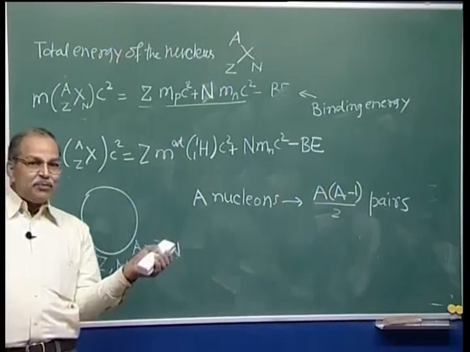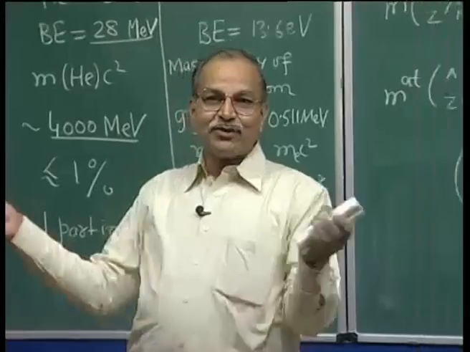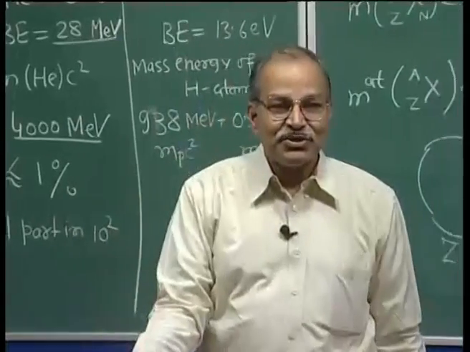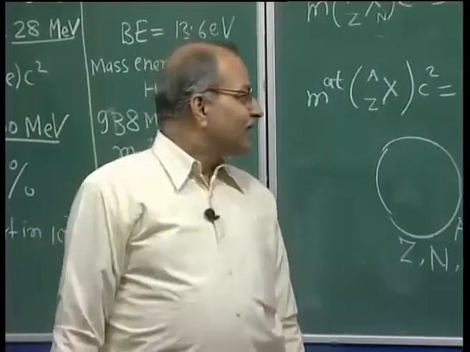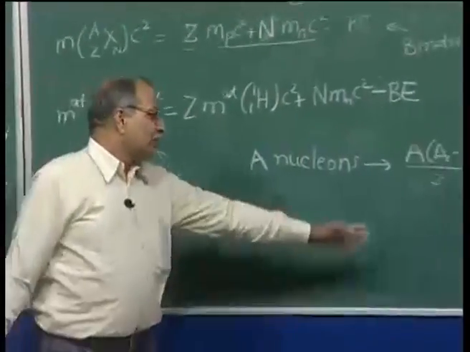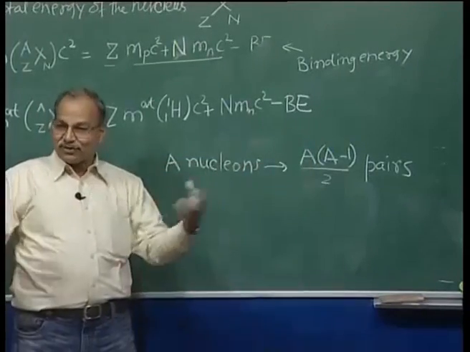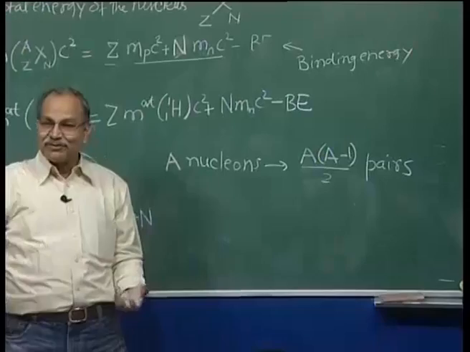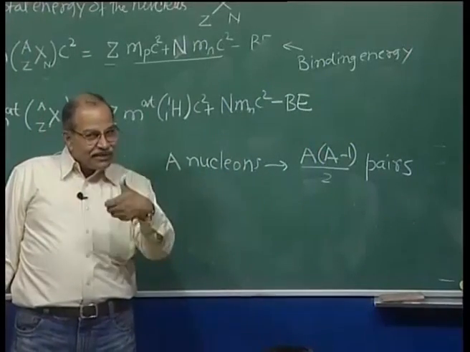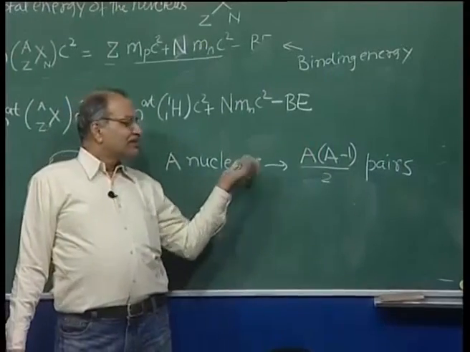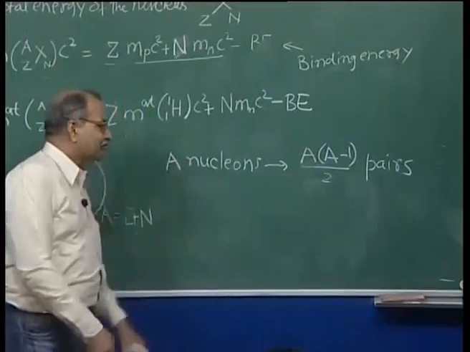And from each pair, if there is a nuclear attraction, and this nuclear attraction is giving you the binding energy, then the total binding energy, what do you think, should be proportional to this? If you have 10 pairs of nucleons attracting each other, or 20 pairs, and each pair attraction gives you a binding energy, then binding energy is likely to be proportional to this, but it is not.